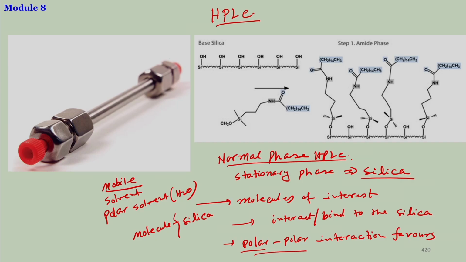Your solvent is more polar compared to your molecule, and naturally organic molecules are not as polar as water. So this interaction will be broken, a new interaction will happen, and that will release the molecule. The molecule will be eluted out of the column, and you can quantify it. So that is the basic principle of normal phase HPLC.